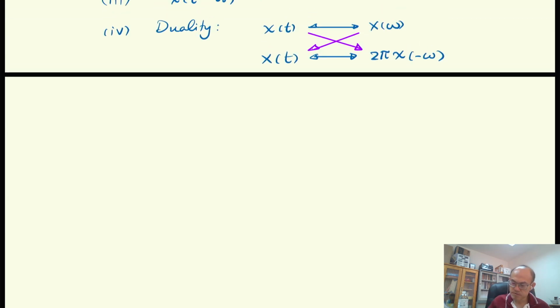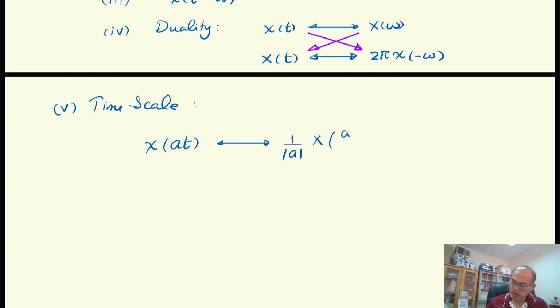Another property is called the time scale. If we're doing the time scale of x by a factor of a, taking the transform of x of at, the result will be 1 over absolute a X of omega over a.